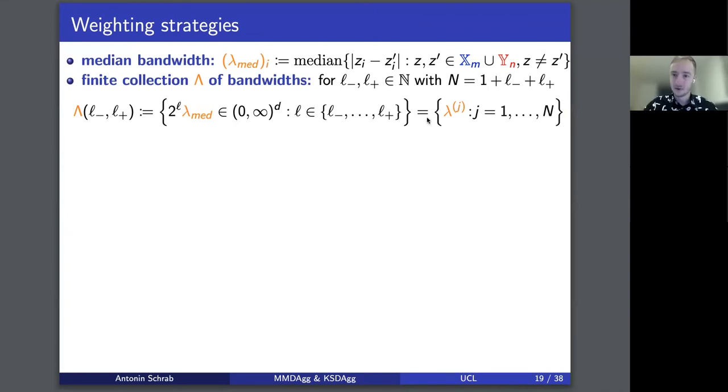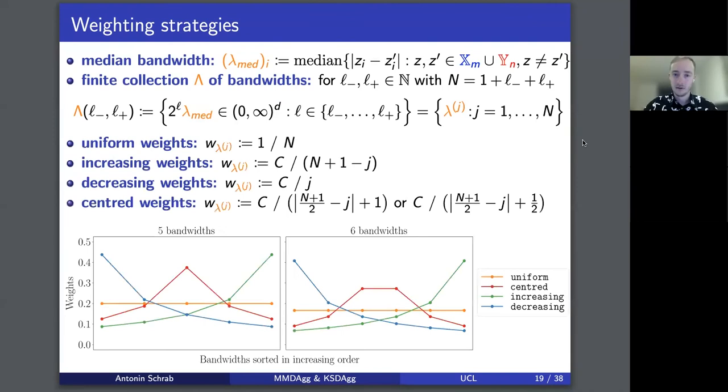So here we just use the notation lambda subscript J to denote the ordered bandwidth. And then we propose 4 different weighting strategies: uniform weight, increasing weight, decreasing weight, and centered weight. Here the constants are just there so that the weights sum up to 1.